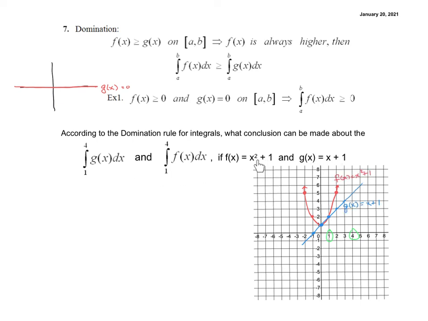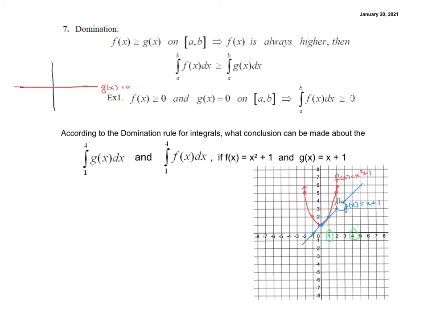So what I would conclude is that from 1 to 4 here, we see that x squared plus 1 is always greater than the function x plus 1, which is always either equal to or below it from 1 to 4. It's only equal at 1. Everywhere else it's going to be below it.